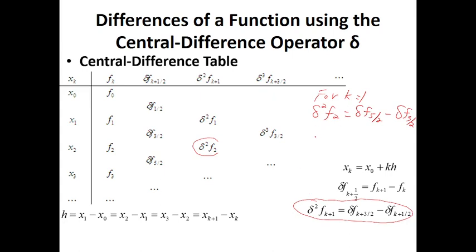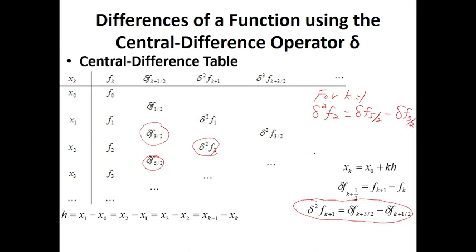To determine that, we subtract delta f sub 3 over 2 from delta f sub 5 over 2. That is delta f sub 5 over 2 minus delta f sub 3 over 2.